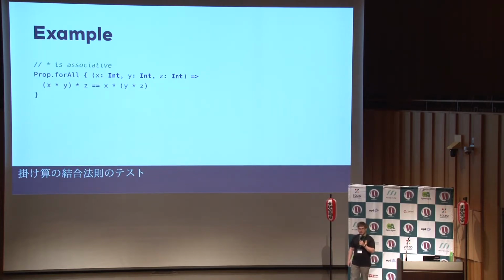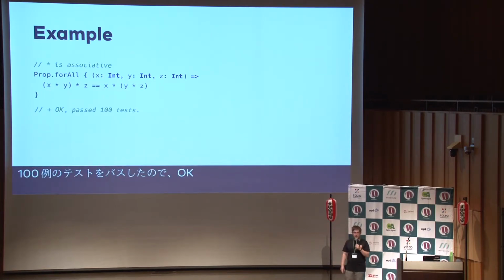And if we were to write such a multiplication function, maybe we have come up with our own number type. We wouldn't necessarily want to specify the x, y, and z all the time in our tests, so we just say ScalaCheck, please say for all x, y, and z. And what the test framework will do, it will just call this property 100 times with different input values.